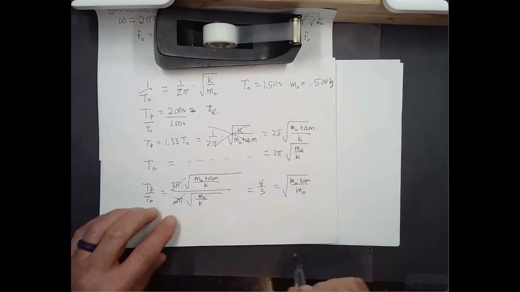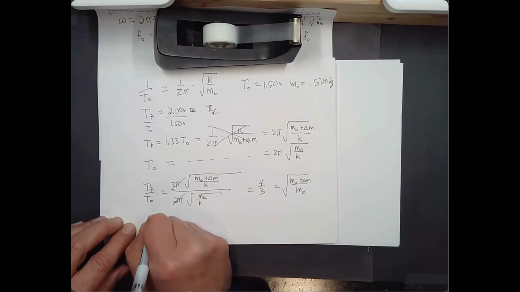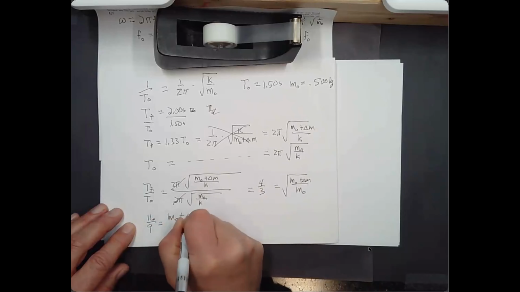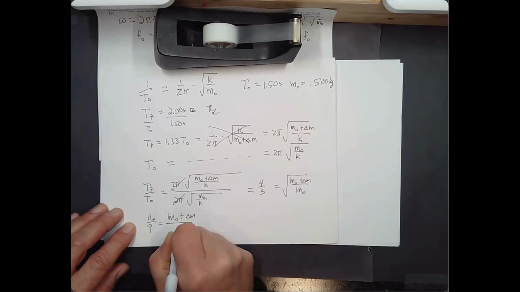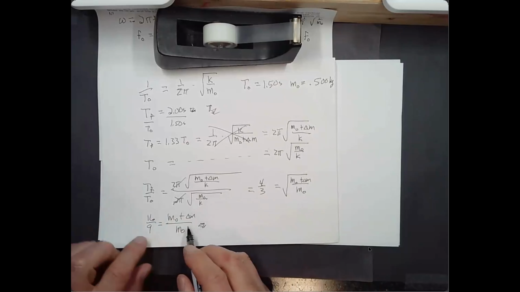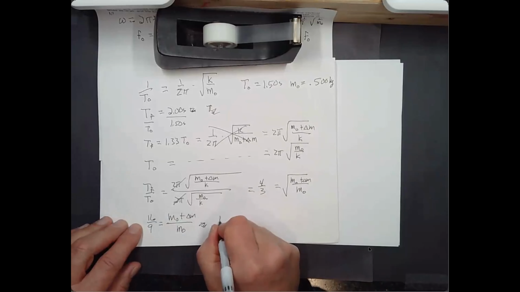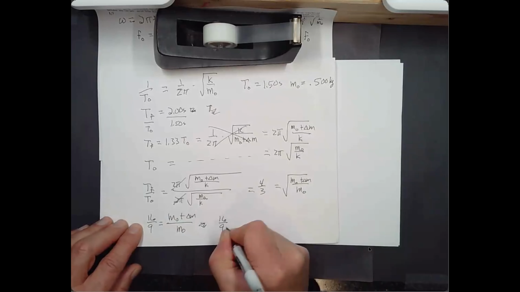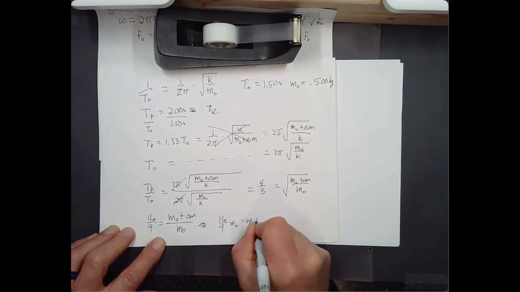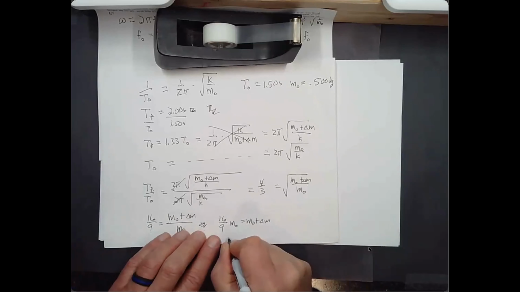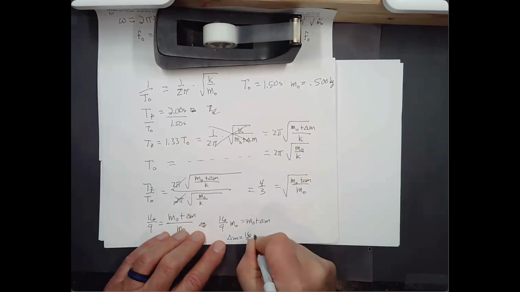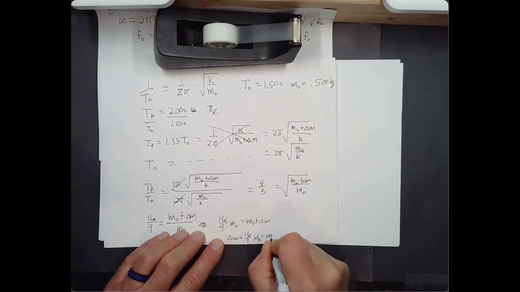I'll square both sides here, and I'll get 16/9 is equal to m naught plus delta m over m naught. If I multiply both sides by m naught, I'd get 16/9 m naught is equal to m naught plus delta m, or delta m will equal 16/9 m naught minus m naught.